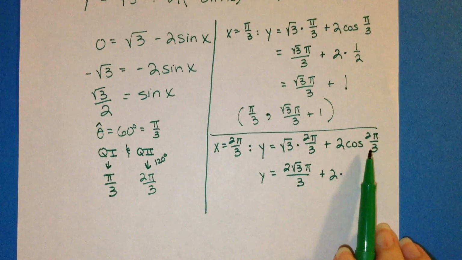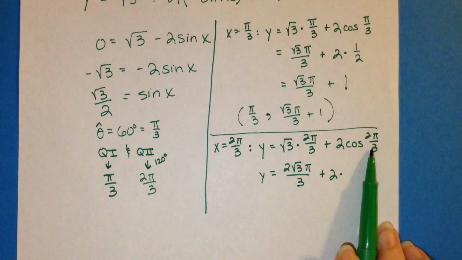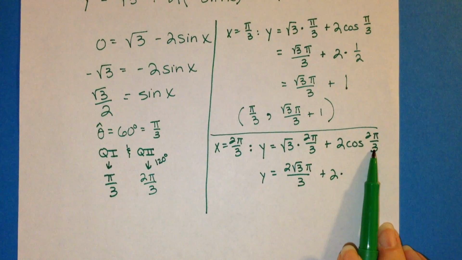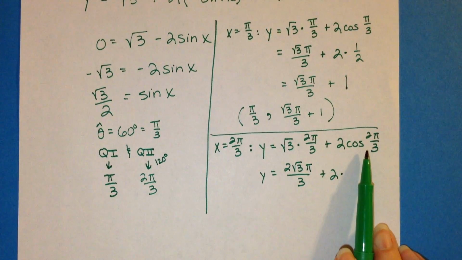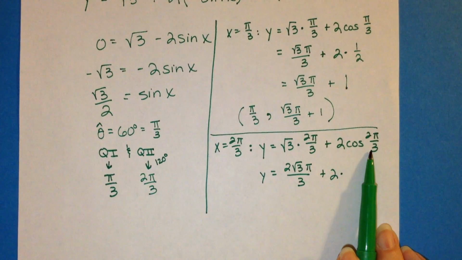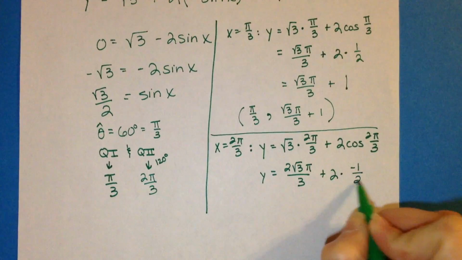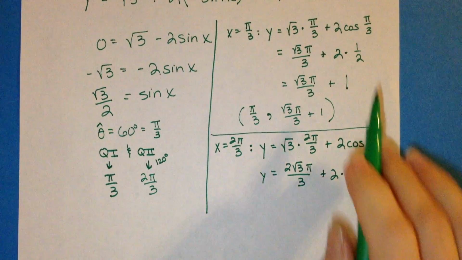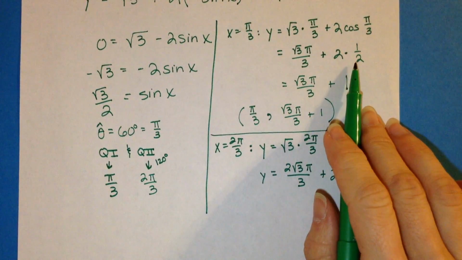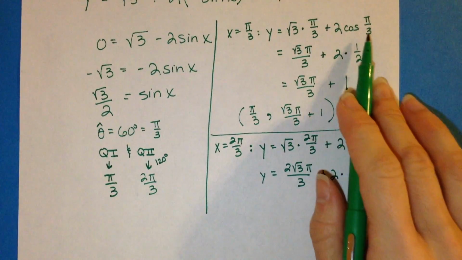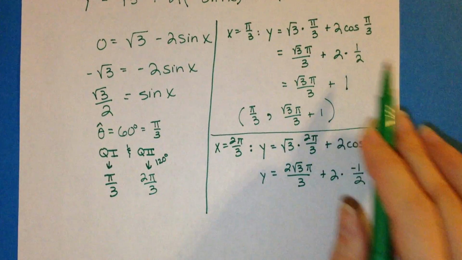Now, your reference angle here is still going to be pi over 3. So you can still use cosine of 60 degrees, which is 1/2, but you're actually going to need to make this a negative 1/2, like where here we were able to keep it positive 1/2 because it's first quadrant, because pi over 3 is in the first quadrant.